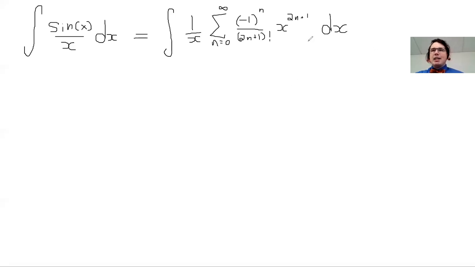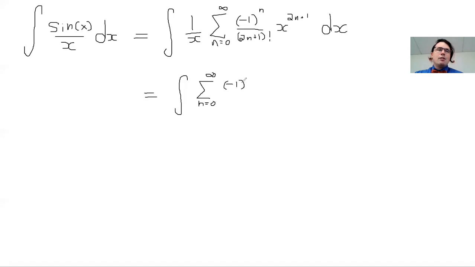Now, I would like my integrand to just be a power series. Right now, it's a power series times this fraction 1 over x. But that's workable. If I'm dividing by x, and I have a sum of a bunch of different powers of x, then all I have to do is knock off 1 power of x from each that I see.